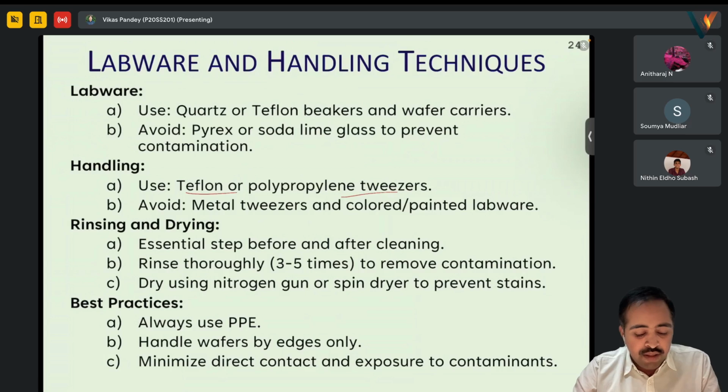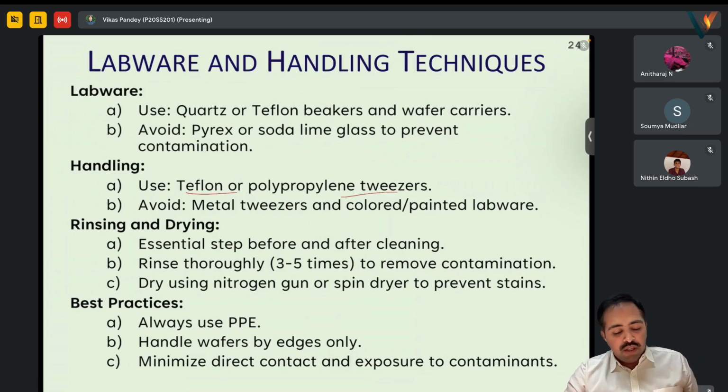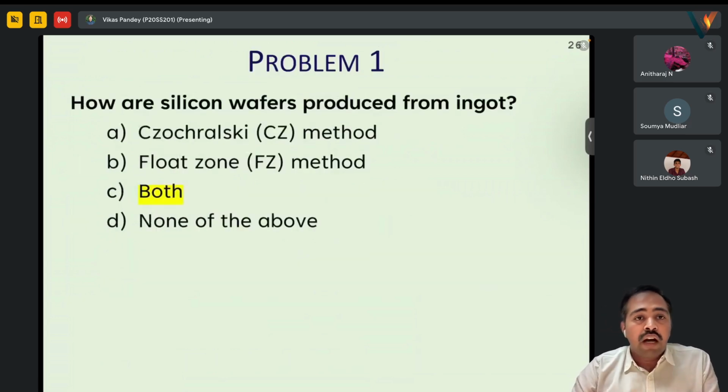Let's start with problem one. How are silicon wafers produced from ingot: from the CZ method, that is the Czochralski method, the float zone method, both, or none of the above?